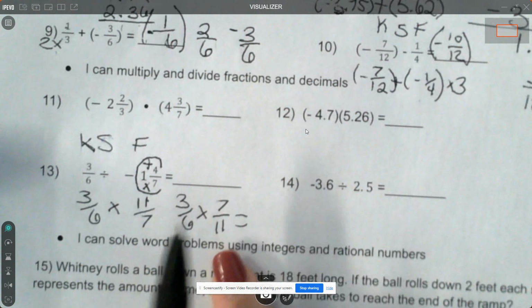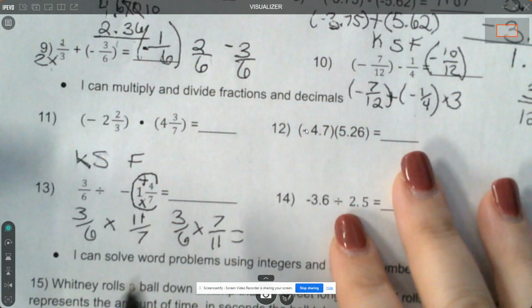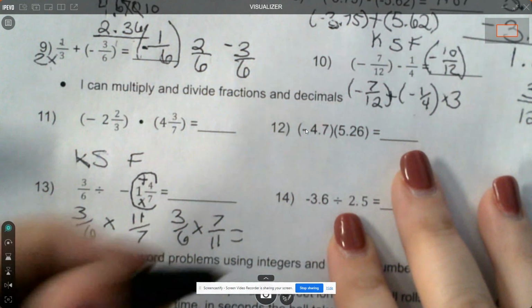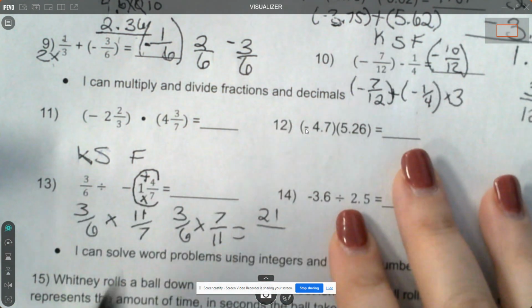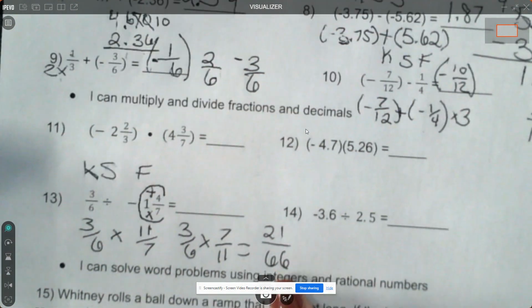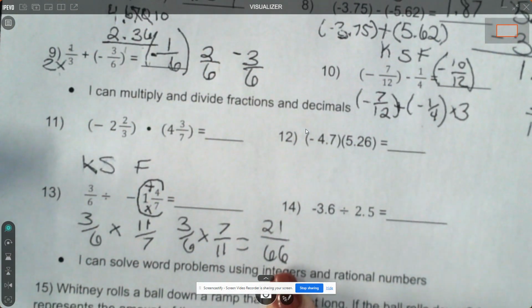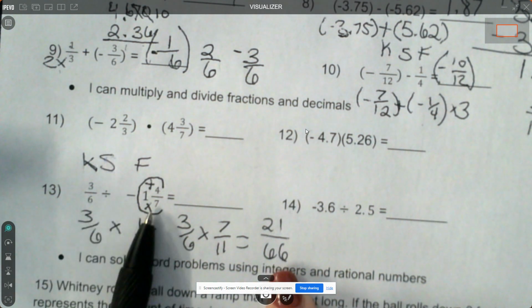So when I flip it, it becomes 3, 6 times 7 over 11. When I multiply fractions, do my bottom numbers have to be the same? No, because you're just going to multiply them. So 3 times 7 is 21, and 6 times 11 is 66. Is it going to be positive or negative? I had a positive number divided by a negative number.